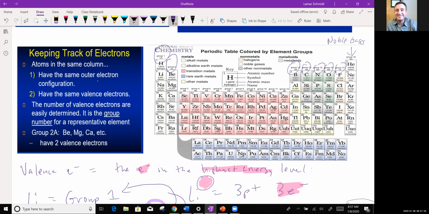Okay, so another thing that's very important to note is that you have to be able to determine your metals from your non-metals because they behave differently.